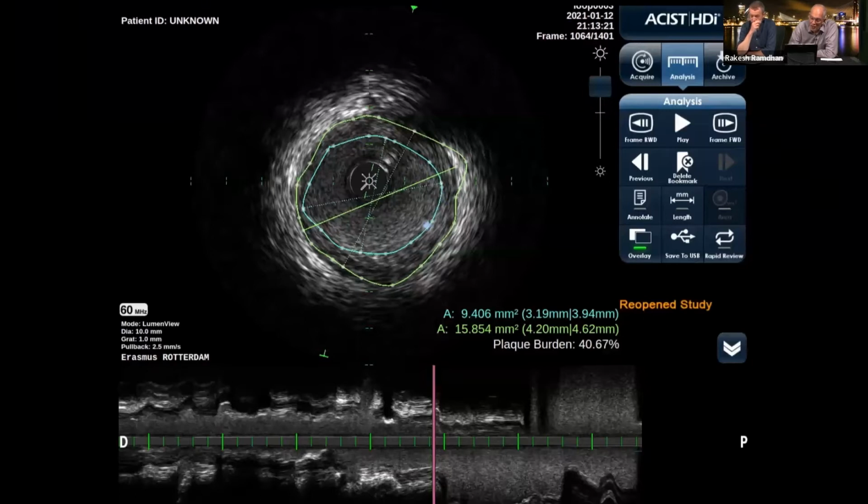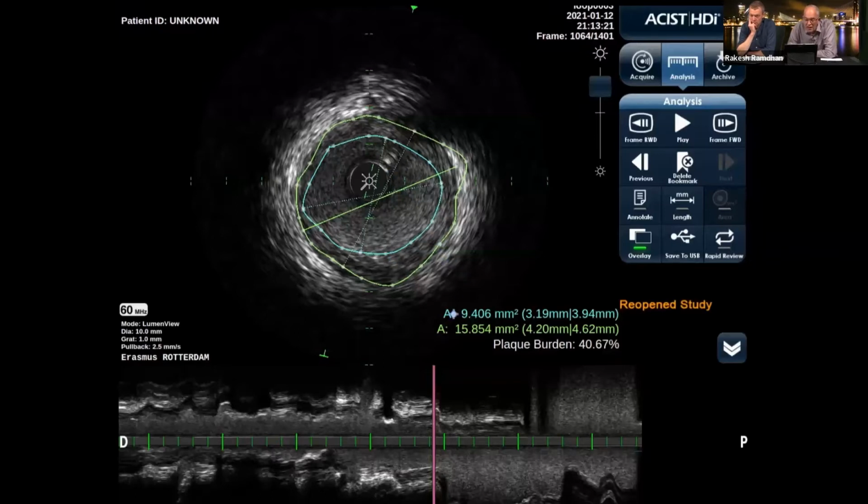So you can consider your lumen as the original vessel size in this case.